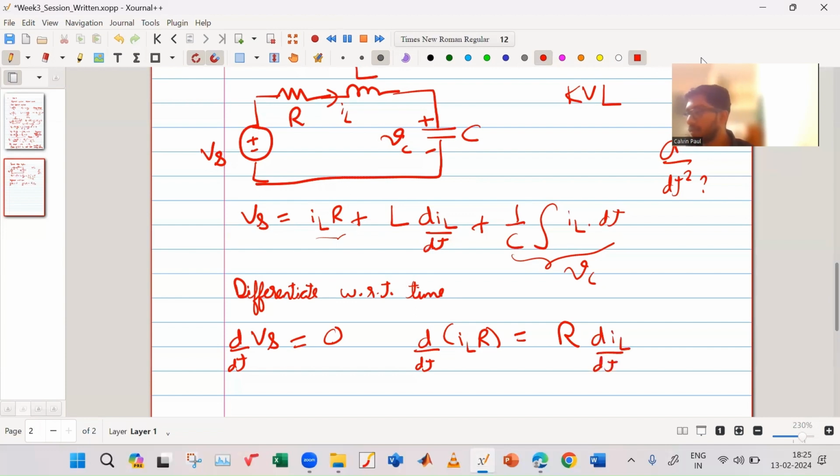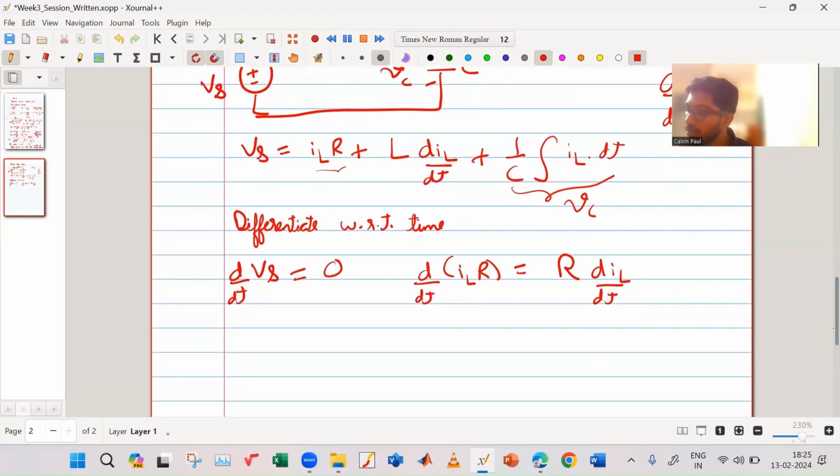Similarly, d by dt of L into dIL by dt: because L is a constant, it comes out, and the derivative of the first derivative becomes the second order derivative, so it becomes L d2IL upon dt2.